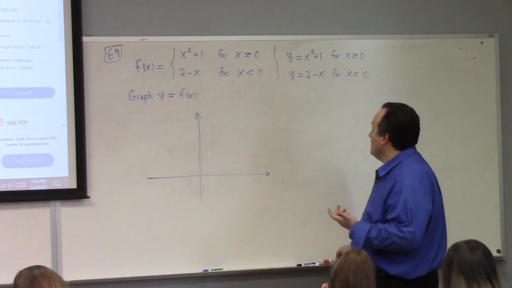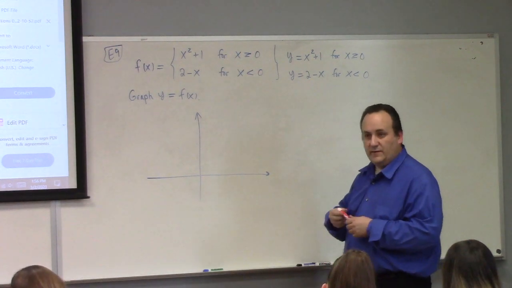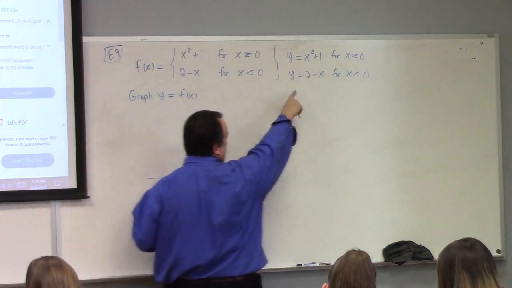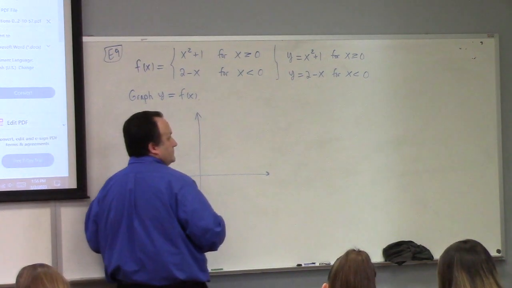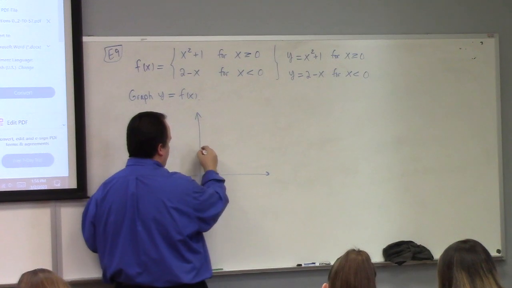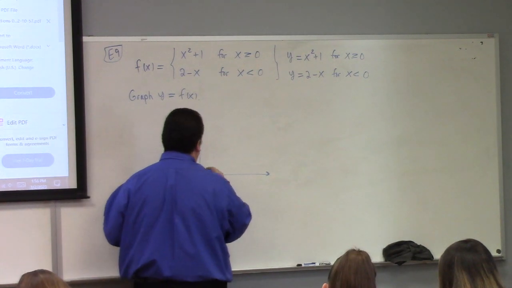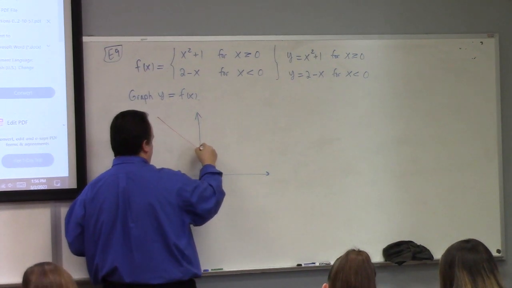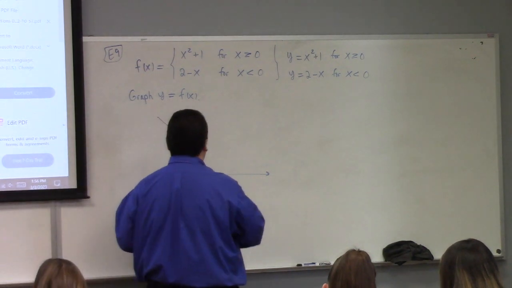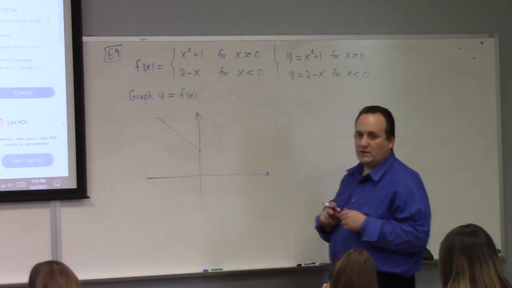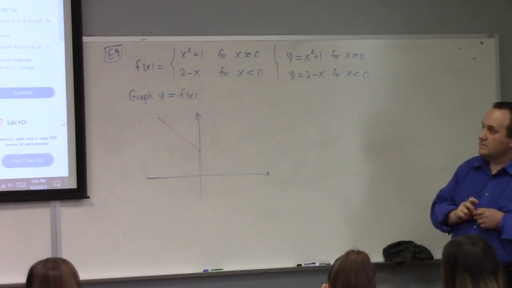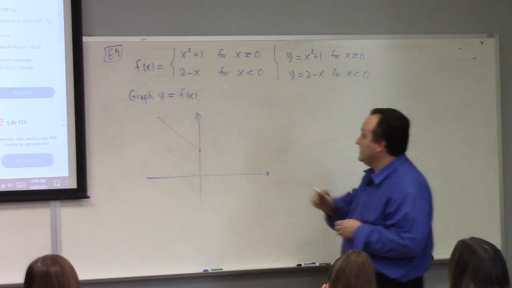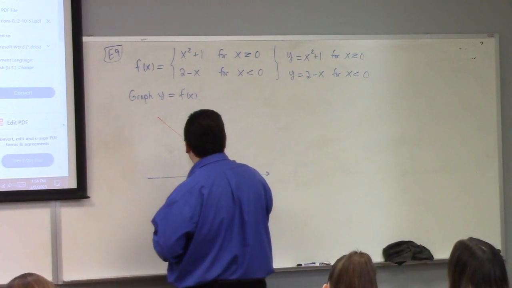So it's a line with slope -1, and the y-intercept is what? 2, yep. So we got a y-intercept of 2 and a slope of -1. Slope -1 looks something like this, right? And should this dot be open or closed? It should be open because that case has strict inequality.